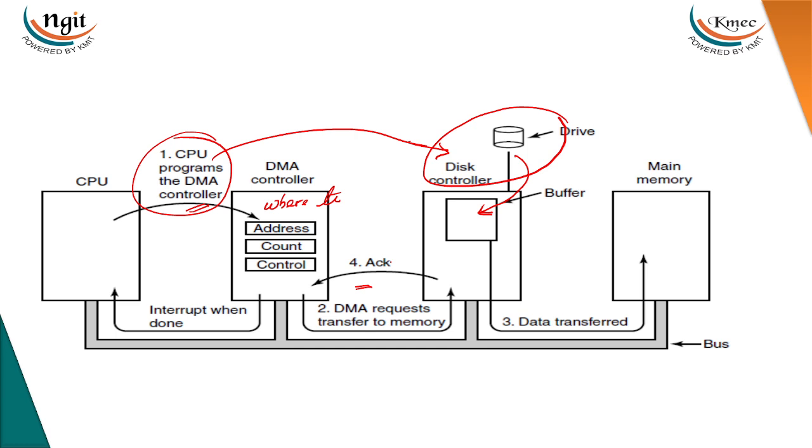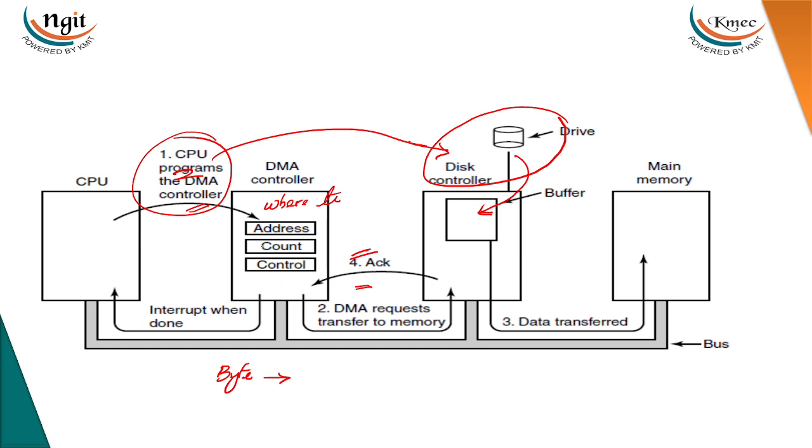When the write operation is complete, once a block of data is written, the disk controller sends an acknowledgement to the DMA controller. So the first block of data is transferred. Next, it transfers one more block of data by repeating the same steps, and this process is repeated.